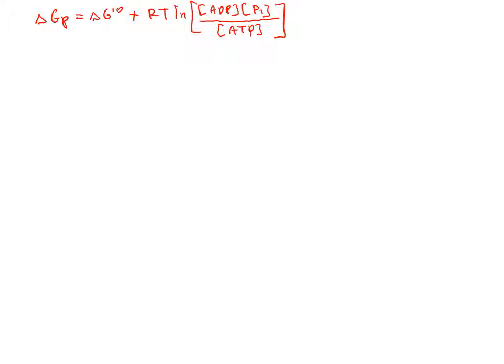So we know that delta G prime 0, our standard free energy change, equals 30.5 kilojoules. And then we have to add to it this component right here.